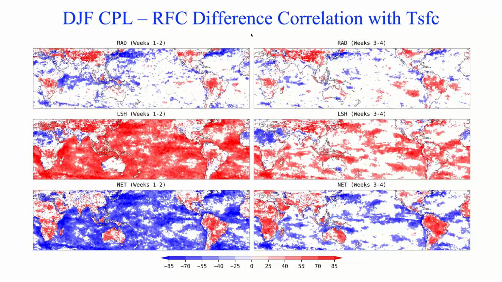Now it's very clear that the correlation with the radiation is focused only in a very specific region, here the Indian Ocean and the West Pacific. And this signal decreases quite a bit in weeks 3 and 4. But when you look at the latent heat and sensible heat, they are significantly correlated almost everywhere over the ocean.